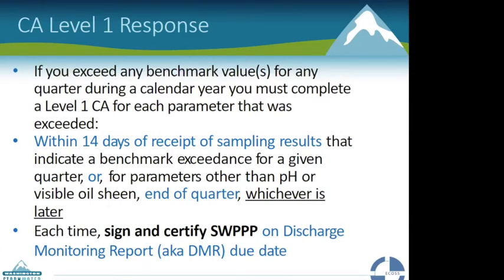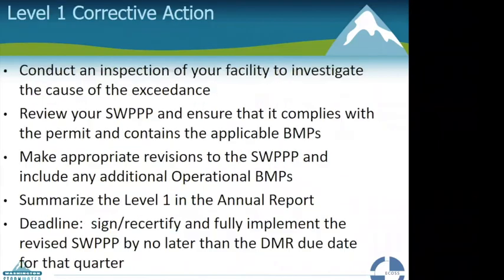Each time you need to sign and certify the SWIP on the discharge monitoring report, or the DMR, on the due date of the DMR. You want to conduct an initial inspection of your facility to investigate why there's been an exceedance.